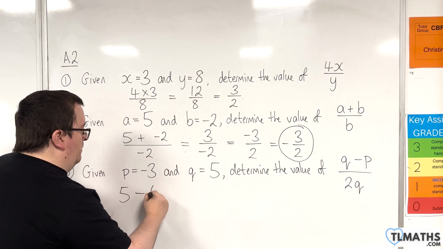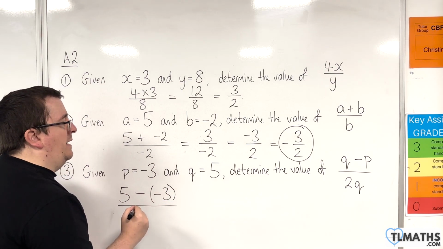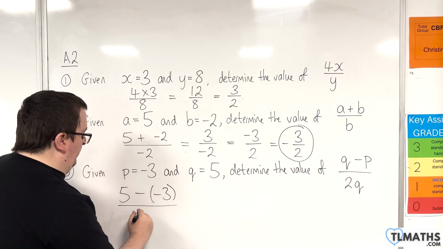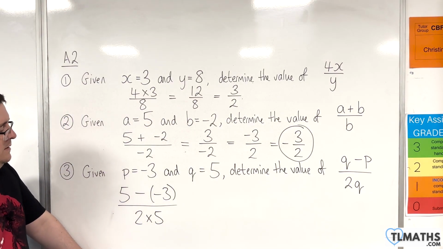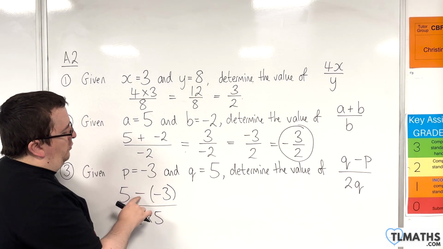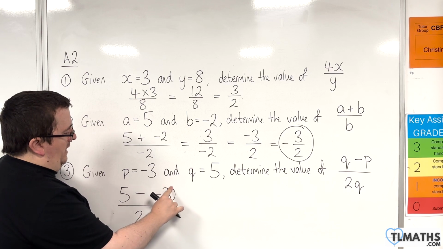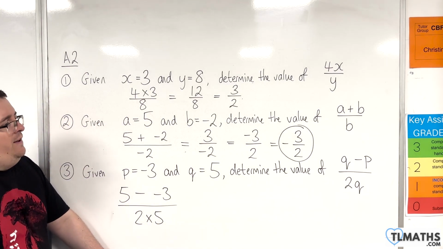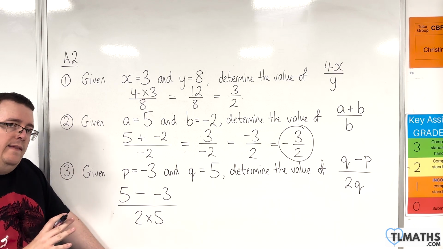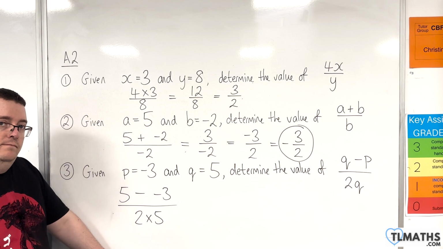Now, here I'm going to pop the minus 3 in a bracket, and then we have 2 lots of q, so 2 lots of 5. Now again, because you're just subtracting minus 3, you could get away with not having the bracket here. If you're worried, just have the bracket in there. Just keep the bracket there and work from there. That's fine.